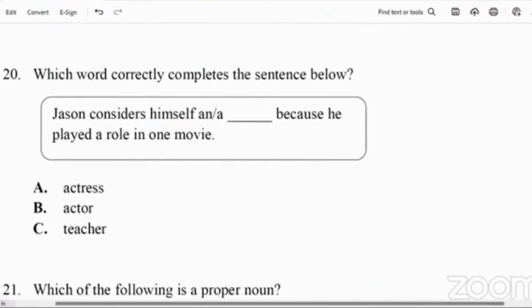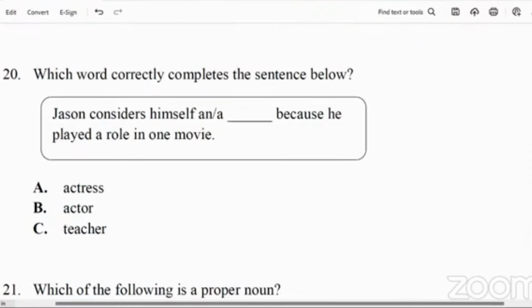Question 20. Which word correctly completes the sentence below? "Jason considers himself an or a blank because he played a role in one movie." Does he consider himself an actress, an actor, or a teacher? All right, so who is Jason?